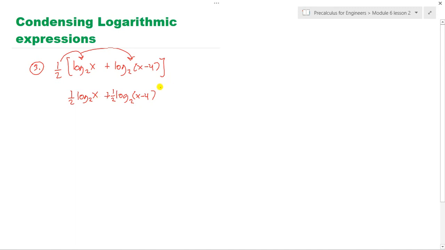So since naa man tayo power rule, so apply log of x raised to n to the base a is just equal to n log of x to the base a. So applying, that would be log of x raised to 1/2 to the base of 2 plus log of x minus 4 raised to 1/2 to the base of 2.